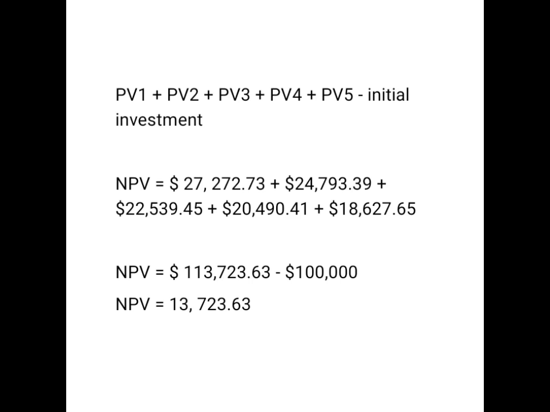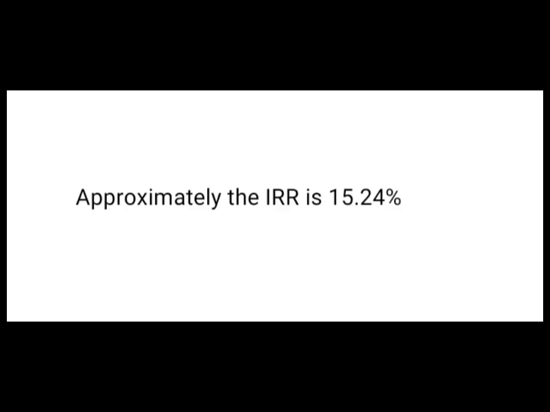The total present value equals 113,723.63 US dollars, minus our initial investment of 100,000 US dollars, equals our net present value of 13,723.63. It means our IRR is approximately 15.24%. It means we accept the deal.